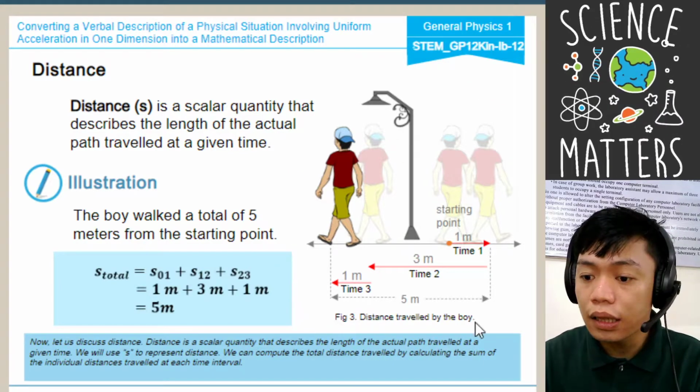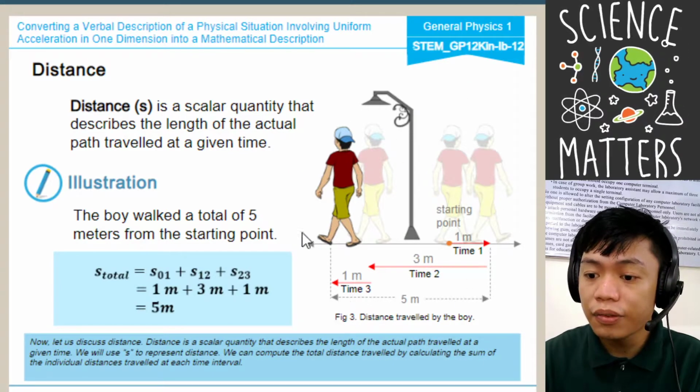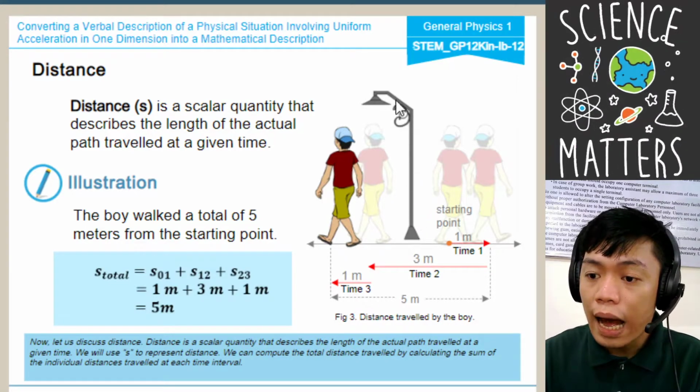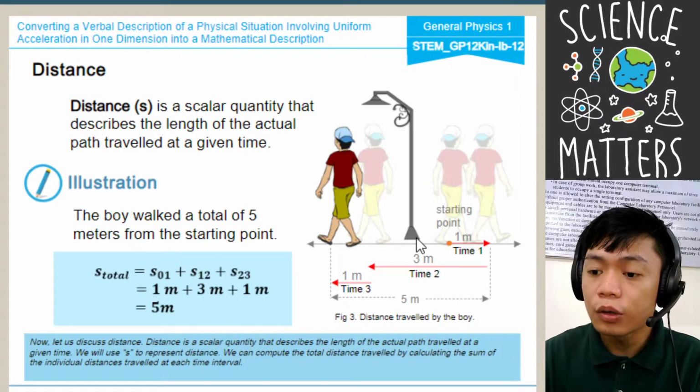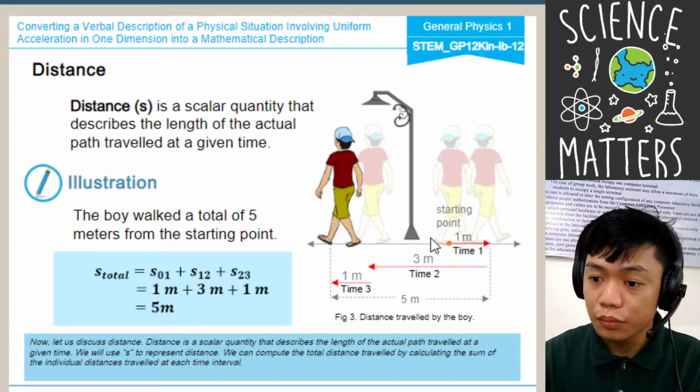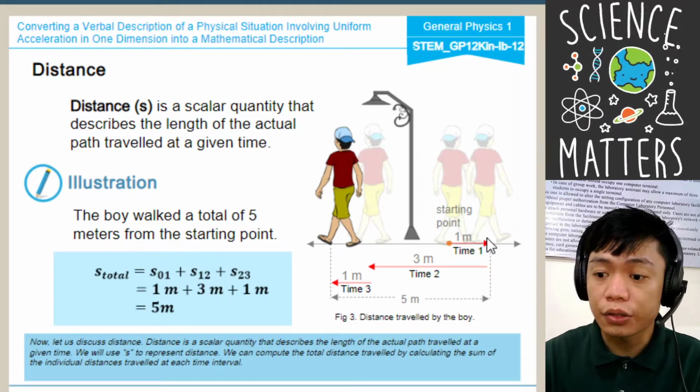Let us see in this illustration. Figure 3 presents the distance traveled by the boy. Our lamppost is our initial, or starting, position. Within 5 seconds, he traveled 1 meter.